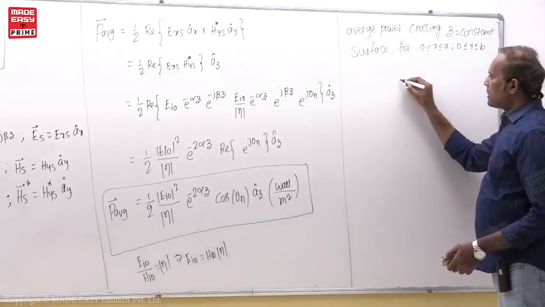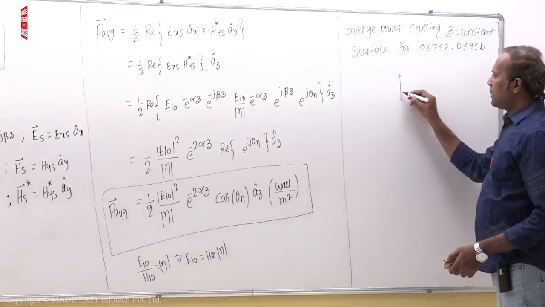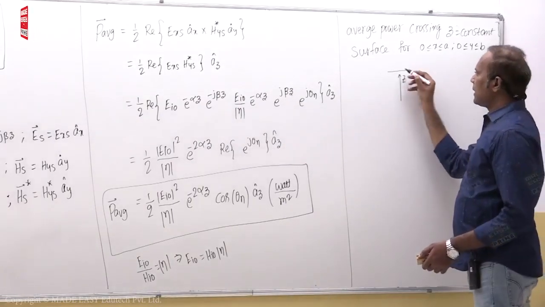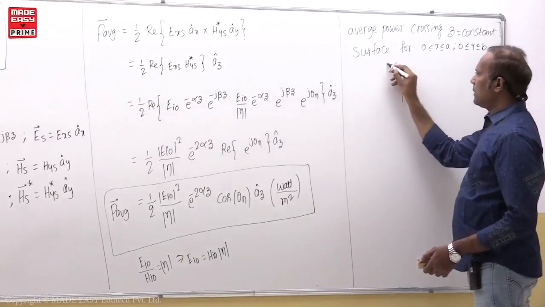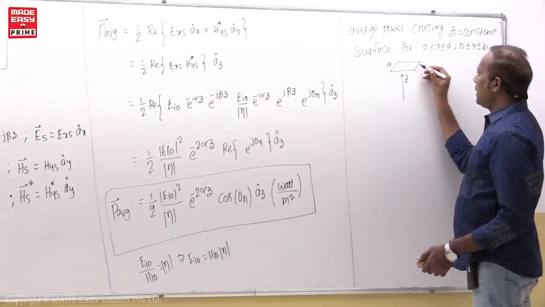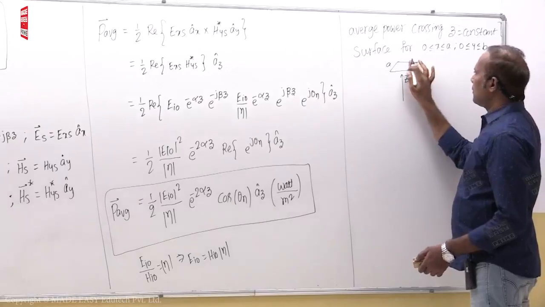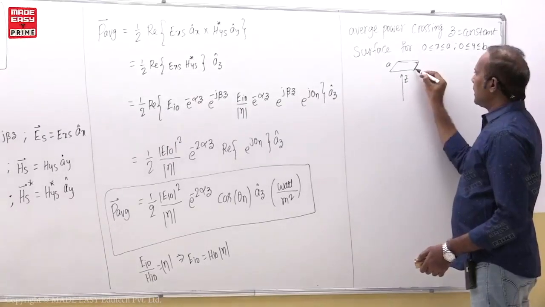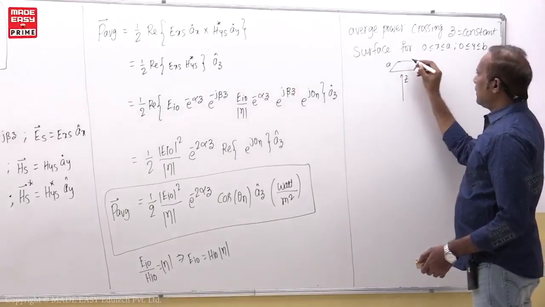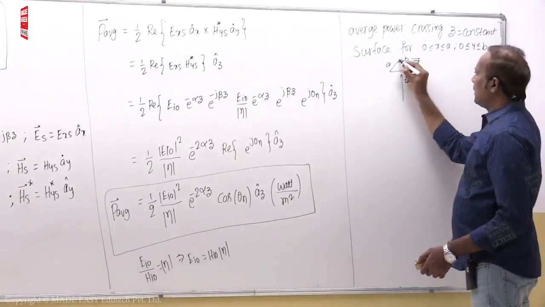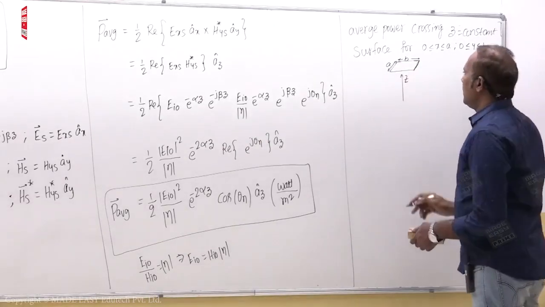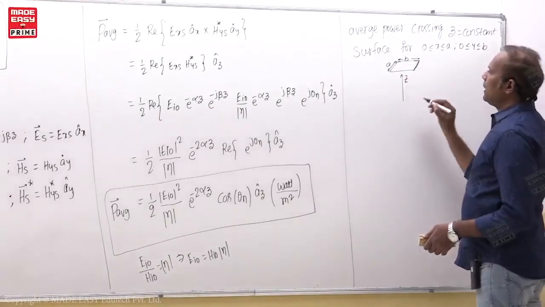For example, if the wave is traveling in z direction like this, then there is one surface like this, parallel to x axis a units and parallel to y axis b units. Now this one is a, this is b, and the area of this is a into b.